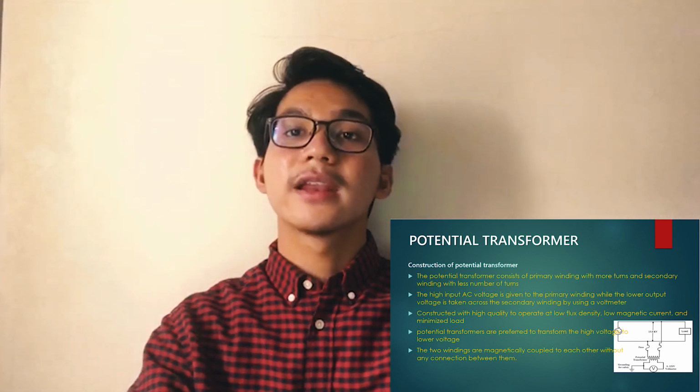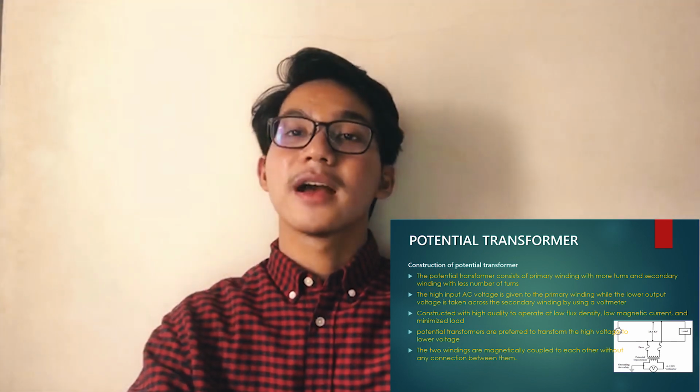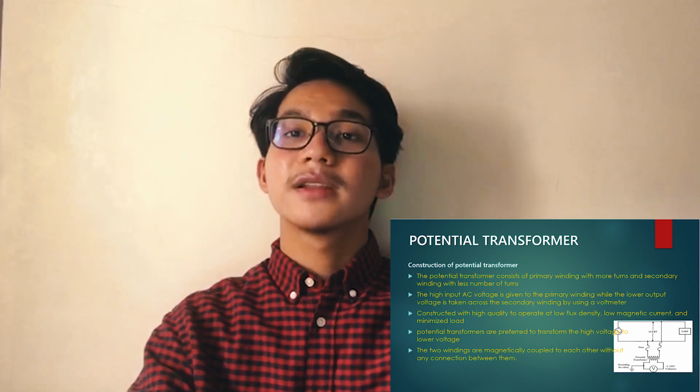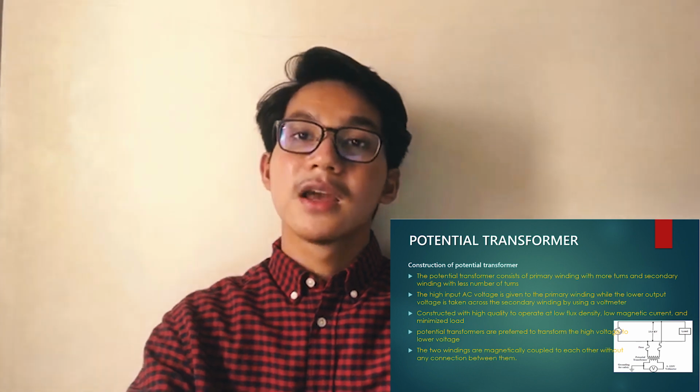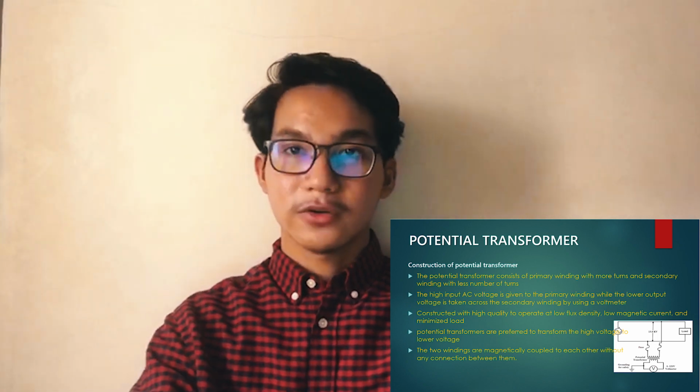When compared to the conventional transformer, it uses a large conductor and an iron core. As the potential transformer operates at high voltage, the high voltage primary winding is divided into small sections to reduce the insulation cost and damage. The winding is also covered with varnish, cambric and cotton tape to reduce the insulation cost.